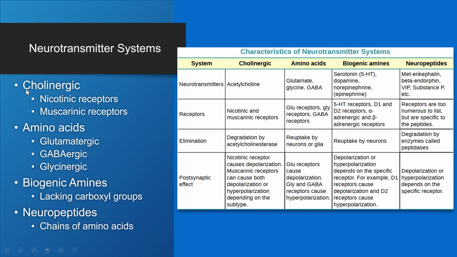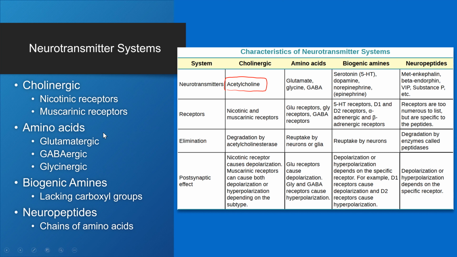So we have cholinergic neurotransmitters, and an example would be acetylcholine. It's a very common neurotransmitter, but for our purpose, let's remember that acetylcholine is released at the neuromuscular junction. So where your skeletal muscles are, those neurons release acetylcholine to activate your skeletal muscles.